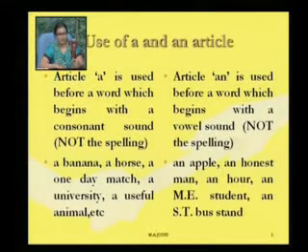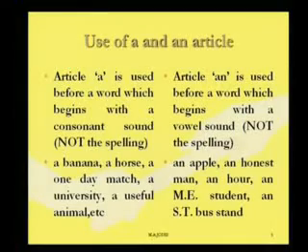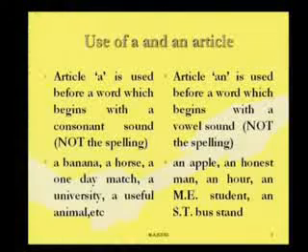Here also in ME student, the spelling starts with M, but M is pronounced with an initial vowel sound, and that's why we put an before ME student, and we put an before ST bus.